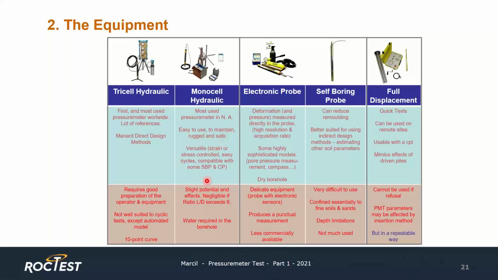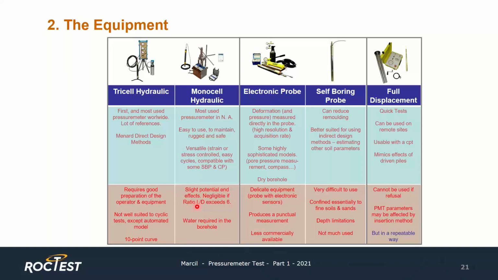Also, this equipment is very versatile. It can be used for running strain or stress control tests. It is easy to proceed to unload and reload cycles. And also it is compatible with some self-boring probes and cone pressure meters.